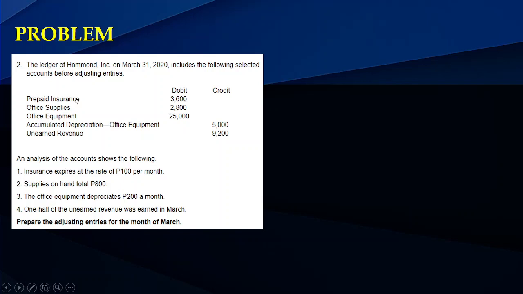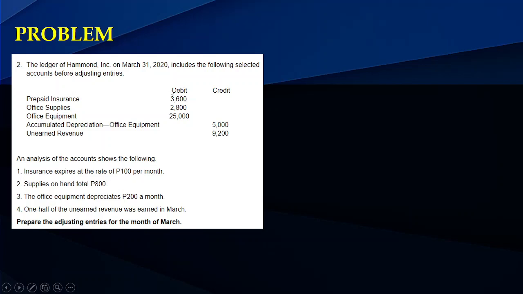Here we have prepaid insurance 3,600, office supplies 2,800, office equipment 25,000, the contra asset account of office equipment 5,000, and unearned revenue, a liability account, 9,200. And we have transactions that need analysis so that we can come up with the adjusting entries for the month of March. Insurance expires at the rate of 100 per month.